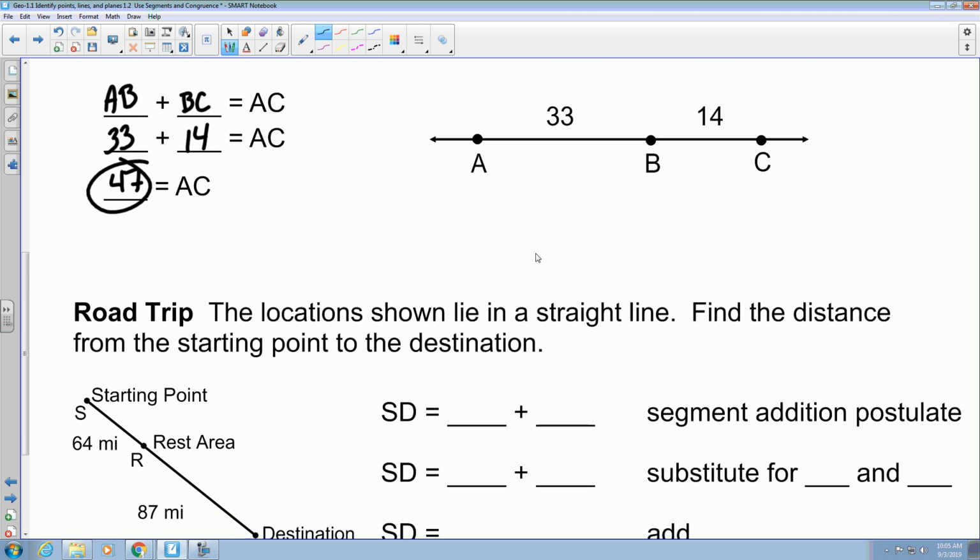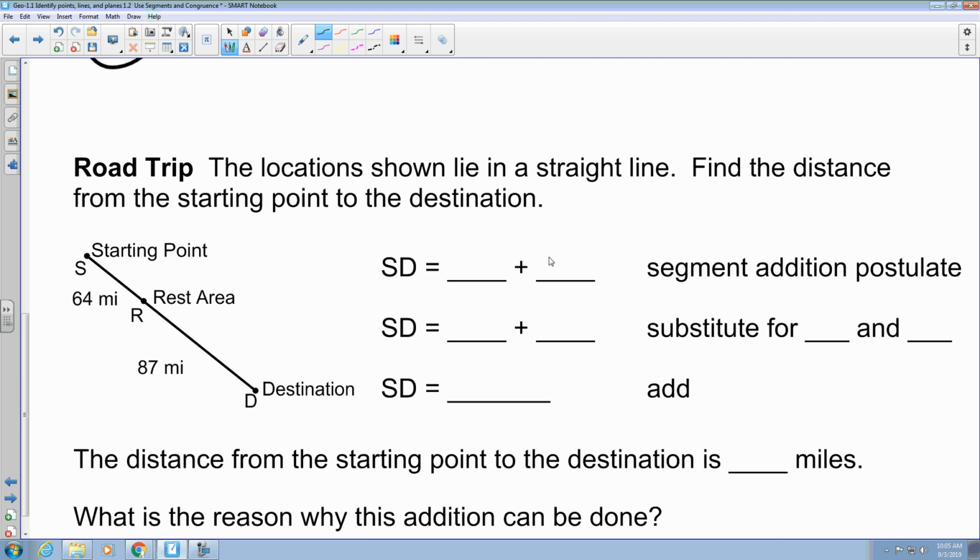So other things that we look at here, like they have a road trip. The locations are shown in a straight line, the distance from the starting point to the destination. So point S and point D, starting point is S, D is the destination. There's a rest stop that they had in between that. So to figure out the sum from the starting point to the destination, it's essentially line segment SR plus line segment RD.